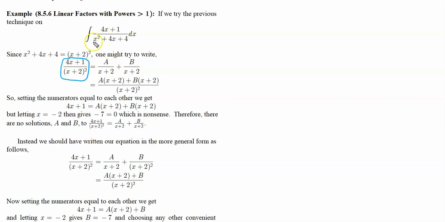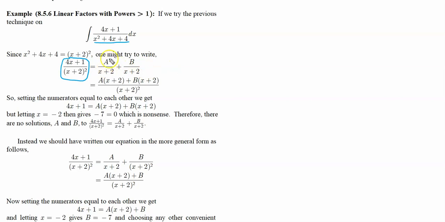That's what this factors as, and try to write it as a over x plus 2 plus b divided by x plus 2. All right, that's following a procedure similar to our first example. However, this is not going to work. We're going to have to modify this a little bit, as we'll see. Now let's see why it doesn't work first.